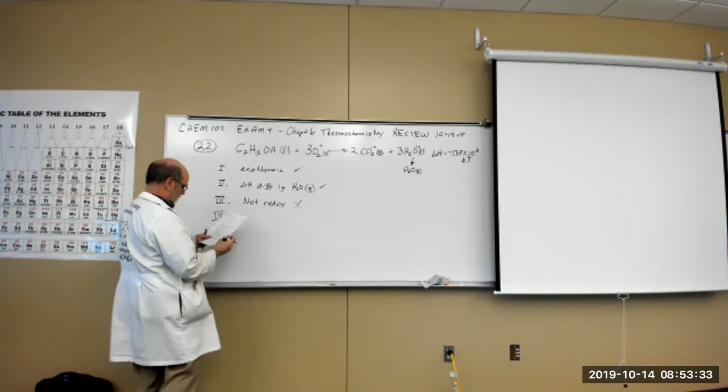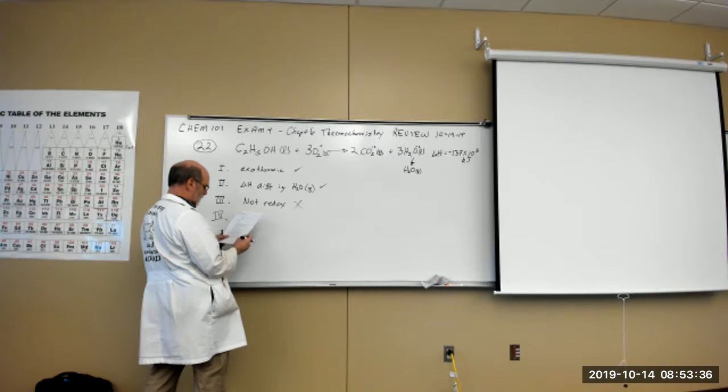Let's see, in 4, the products of the reaction occupy a larger volume than the reactants.